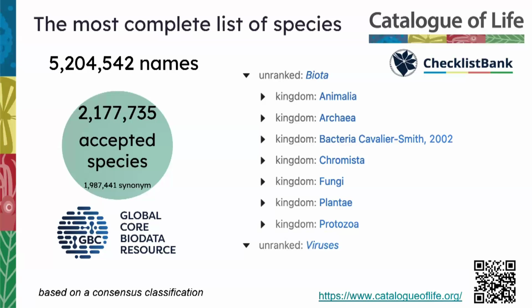It is worth mentioning as well that for several years now, the catalogue has been assembled in the ChecklistBank platform, which also supports the publication and curation of checklists, and it's also the repository for those mobilized and registered through GBIF. The Catalogue of Life and ChecklistBank are recognized as global core data resources.